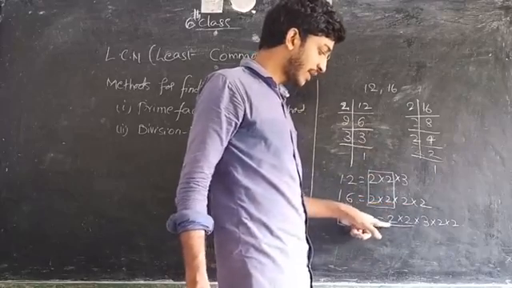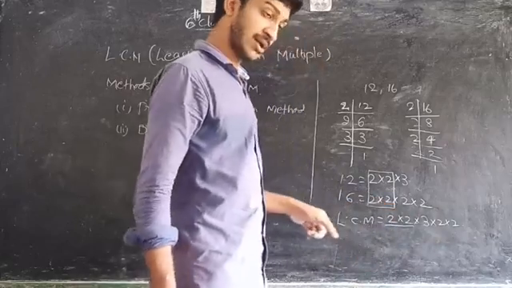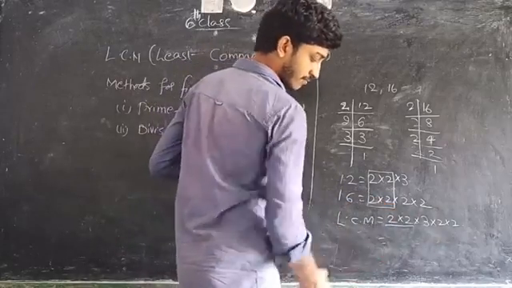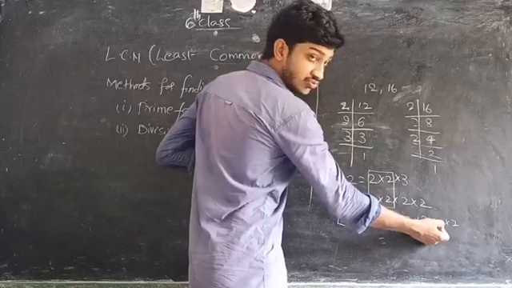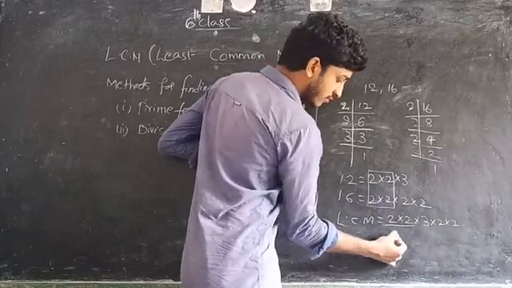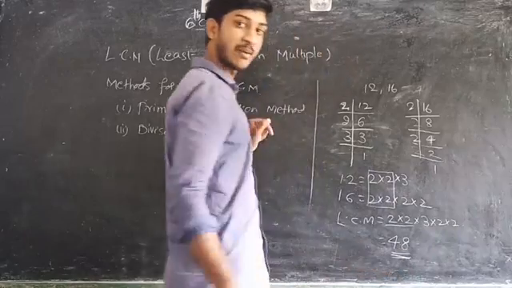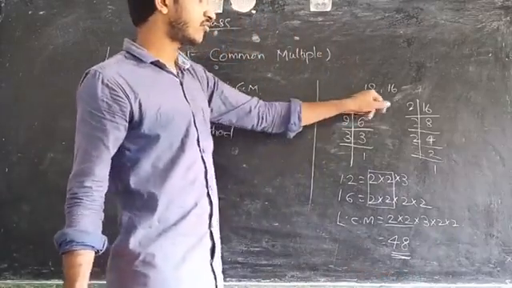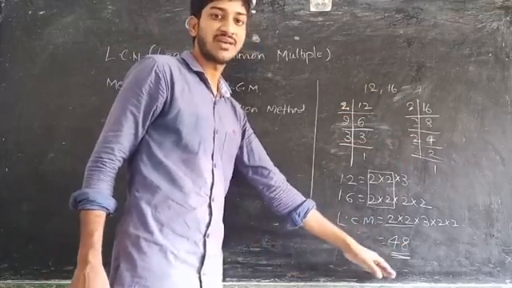That's why I am multiplying 2 into 2 with 3 into 2 into 2. So, multiply now. 2 2 is 4, 4 3 is 12, 12 2 is 24, 24 2 is 48. This is the least common multiple for 12 and 16.